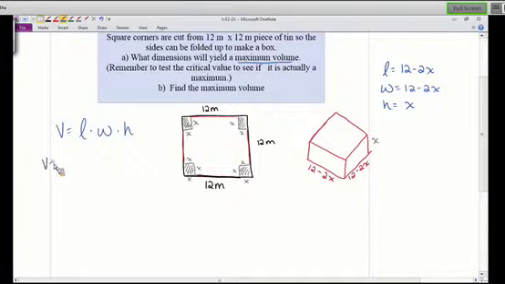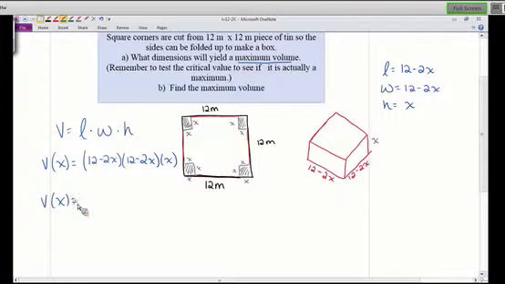So substituting into the volume, our volume, V of x, I'm using this as a function. Our length is 12 minus 2x, our width 12 minus 2x, times our height, x. Now I'm going to distribute and simplify the function for volume.